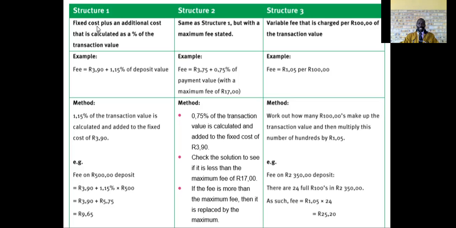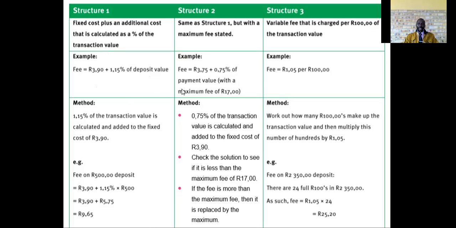So in this case, it's going to be 3.9 plus 1.15 out of 100 times the deposit value. So if you're dealing with the 10,000, then it will be 3.9 plus 1.15 out of 100 times 10,000. Here they don't limit you. You can deposit any amount of money, okay?